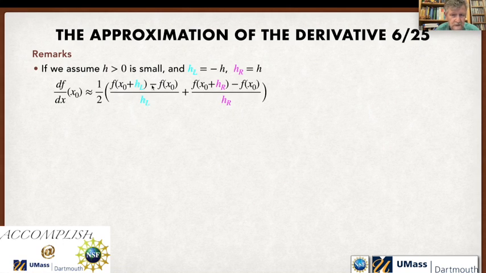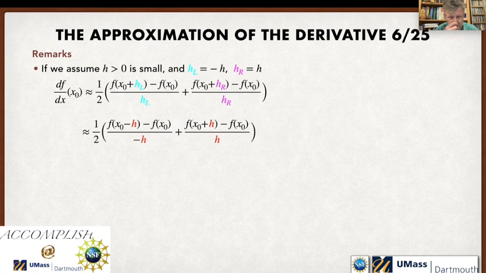What we're going to do is assume that h is greater than 0 and that HL is going to be minus h and HR is h. That is, here we have the slope of a left secant, and here we have a slope of a right secant. But we're assuming that the HL and HR have the same magnitude.